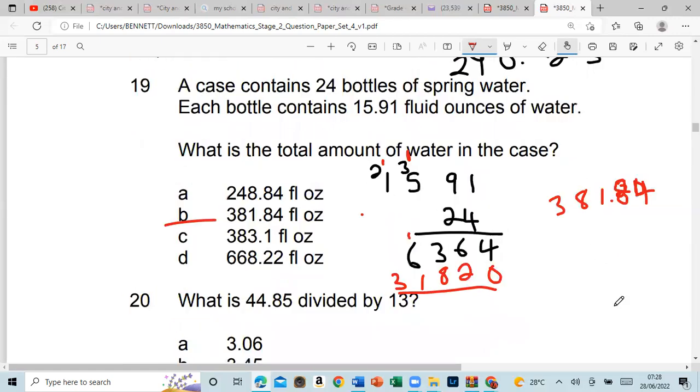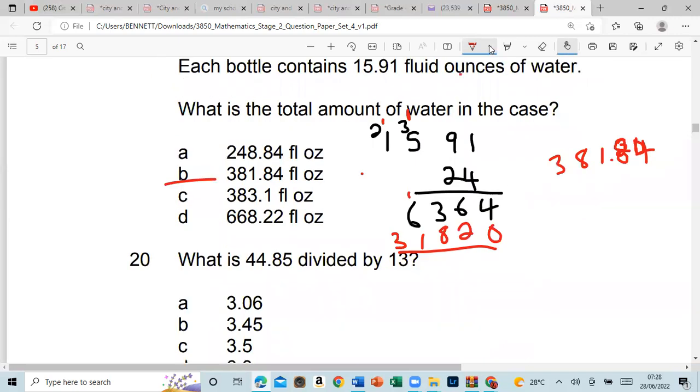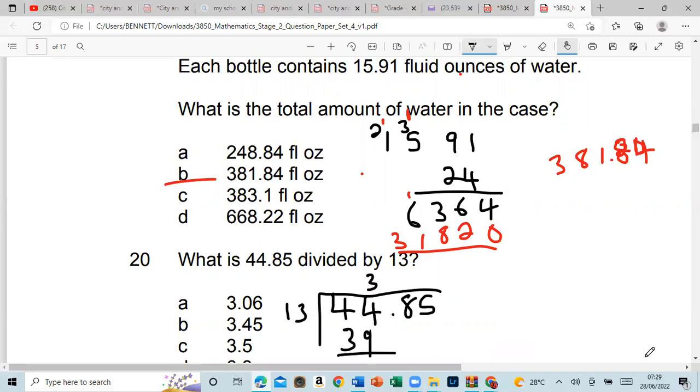What is 44.85 divided by 13? So that's 44.8. 13 goes into this 3 times, and that's 3 times 13, 39.